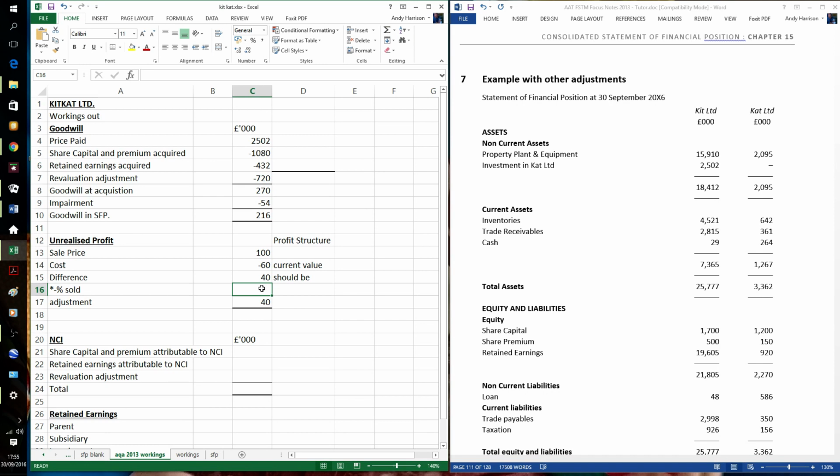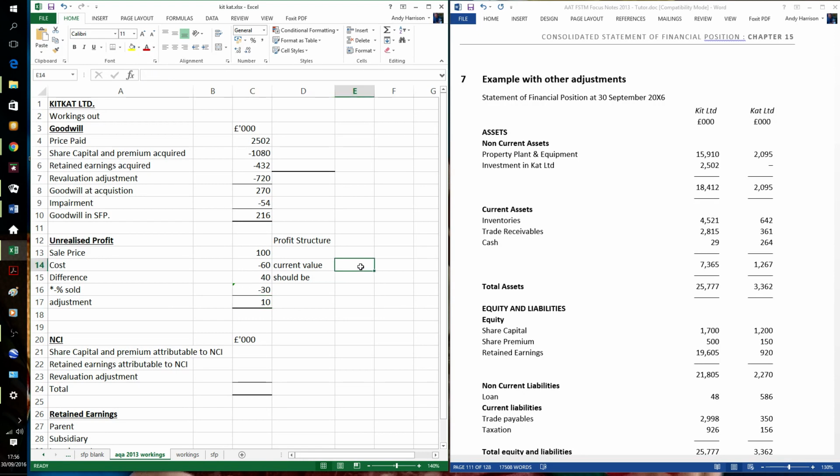We sold 3/4 of it though, and then if you make that a minus, we've got 10 to adjust it for. So our closing inventory and our unrealised profit is 10.